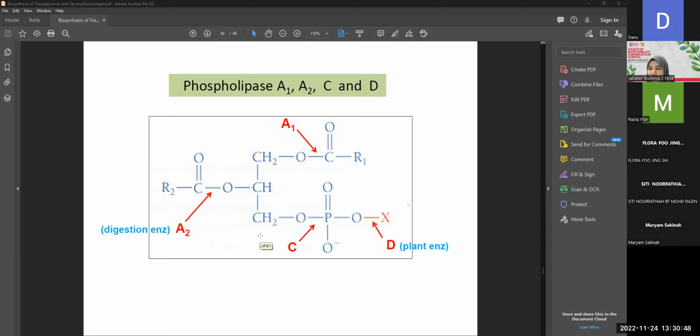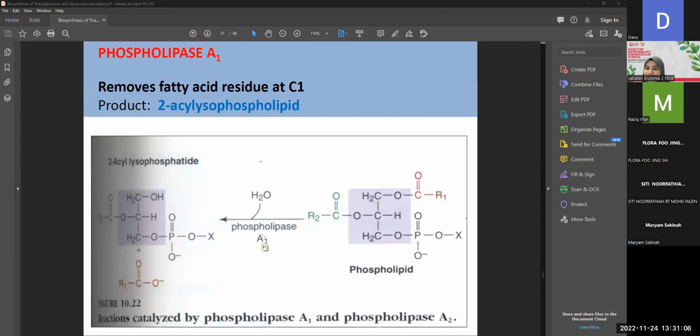This is a simple mechanism to understand the degradation of glycerophospholipid. Let's look at the reaction catalyzed by phospholipase A1. Basically this enzyme removes the fatty acid residue at carbon 1. Phospholipase A1 will react at carbon 1.